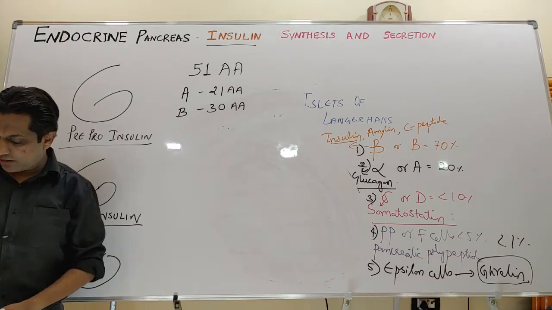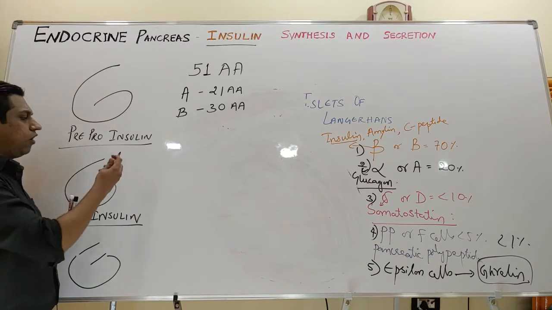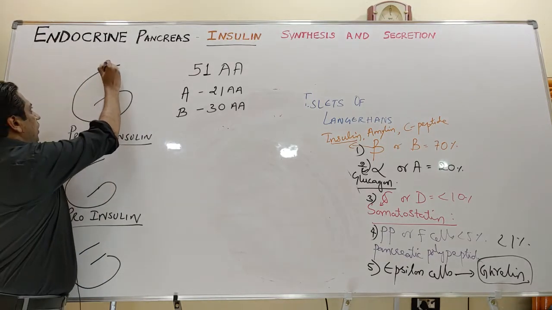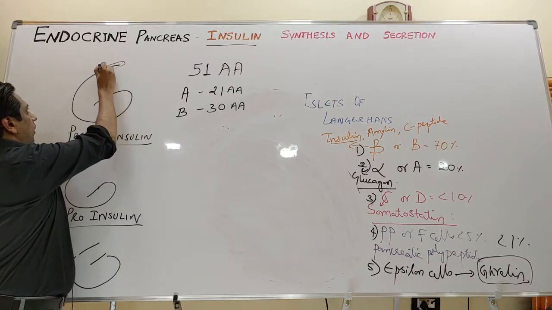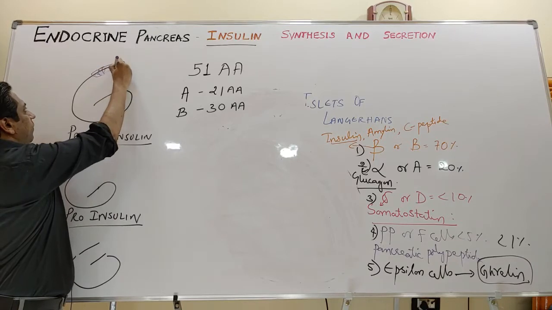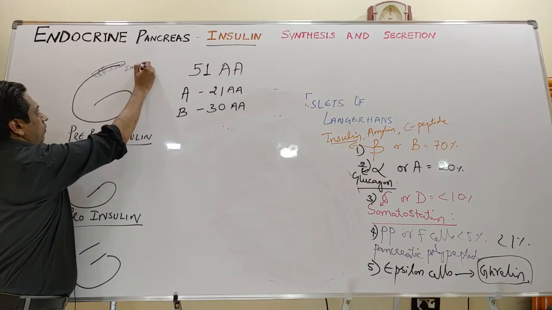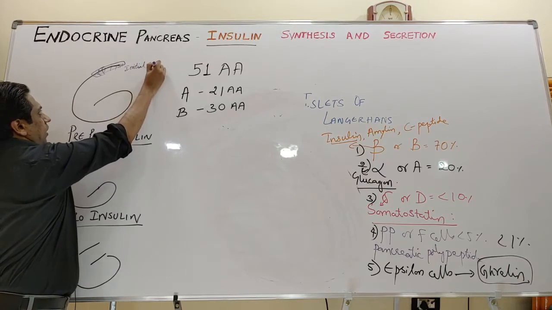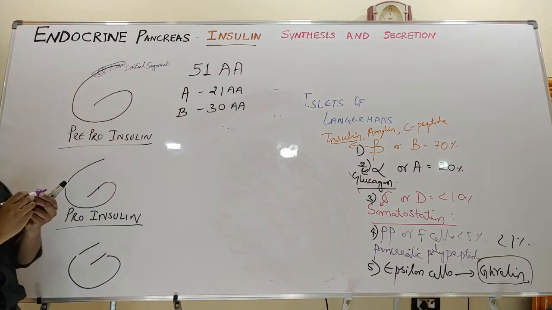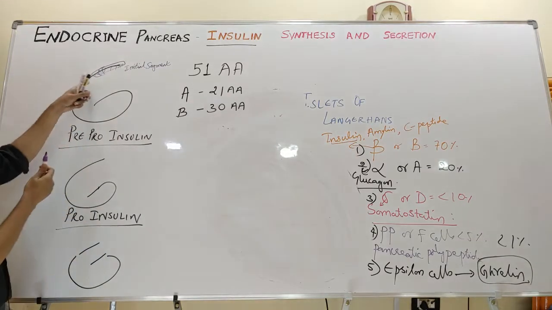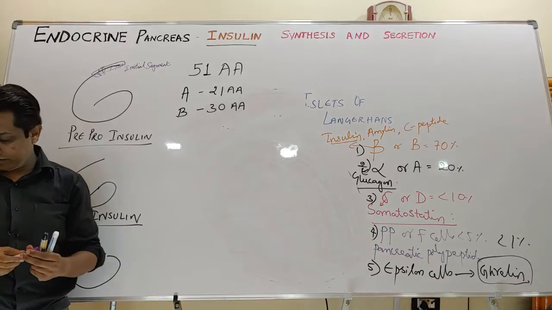So what exactly does this consist of? It consists of the initial segment, also known as the sequence initiator, which has some amount of amino acids.